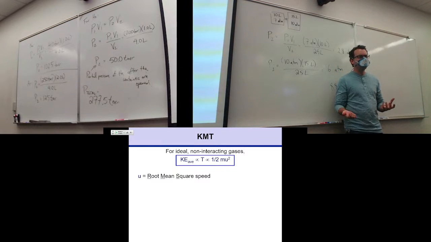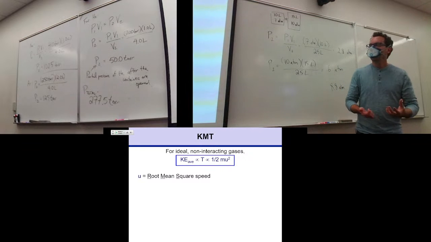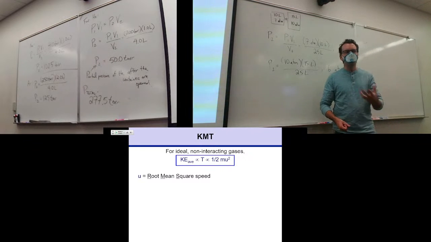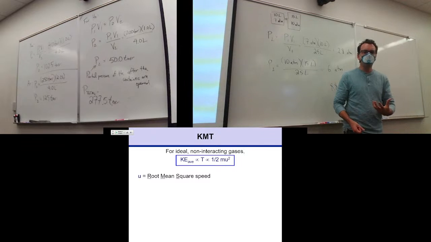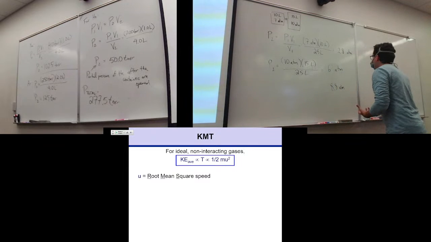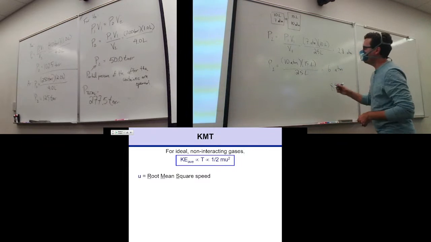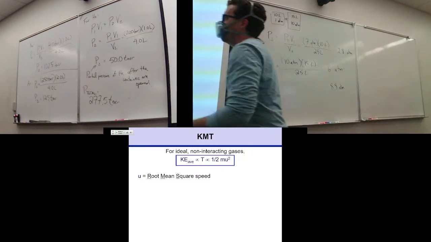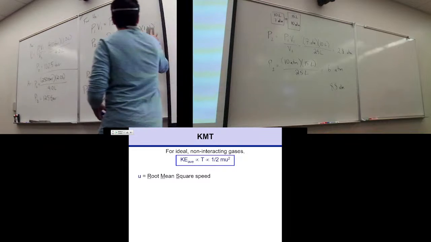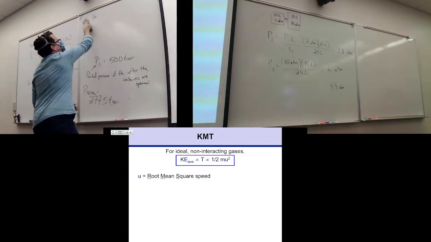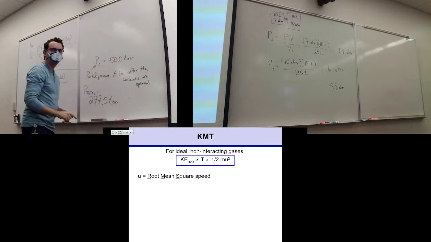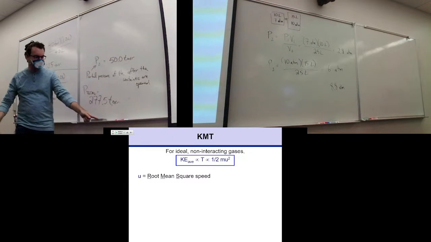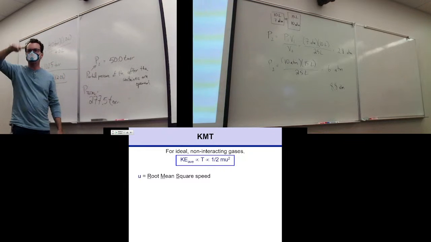But there is another kind of average, and this average is called a root mean square. The best description I can give you for it is, if you've ever studied electricity, and maybe you haven't, so I'll tell you right now. Alternating current, that's what comes out of these outlets here, is voltage that goes up and down.